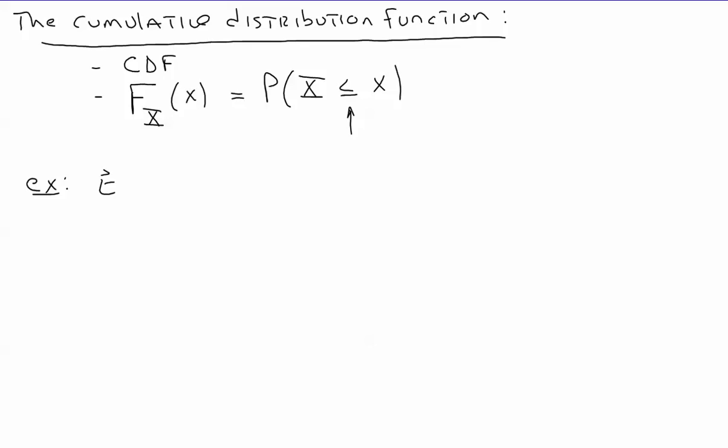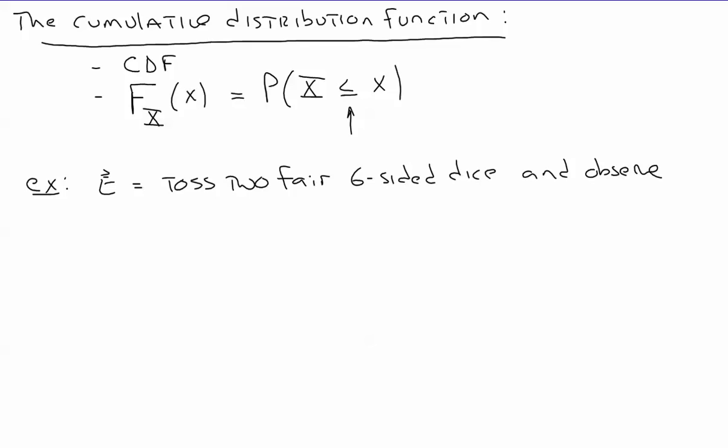My chance experiment is going to be to toss two fair six-sided dice and observe the spots up. My sample space has 36 equally likely outcomes.